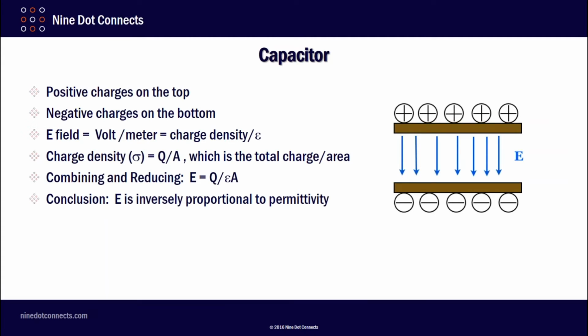If we combine and reduce, you can see that the E field general equation shows permittivity in the denominator on the right-hand side. Therefore, the E field is inversely proportional to the permittivity. But now you understand why: it's the molecules that make up that FR4 or the Teflon that decrease the ability of that E field to exist.